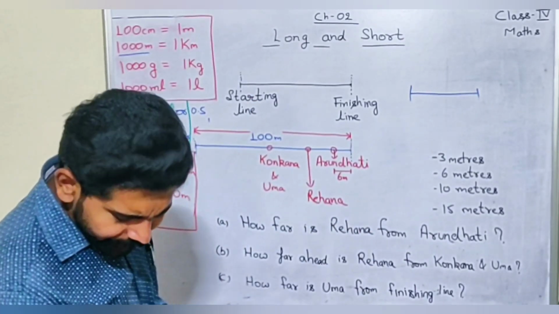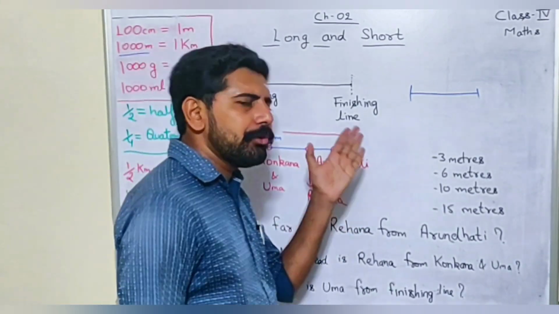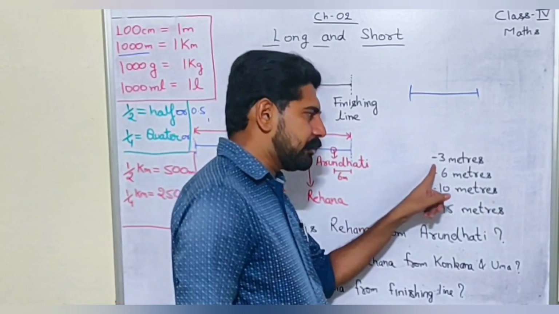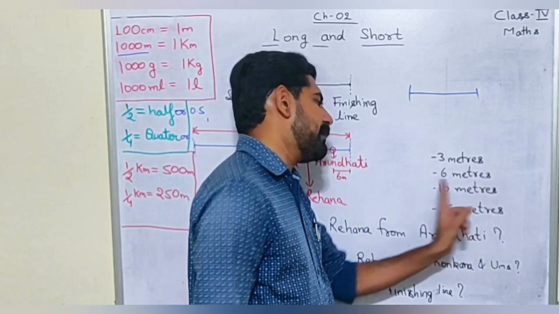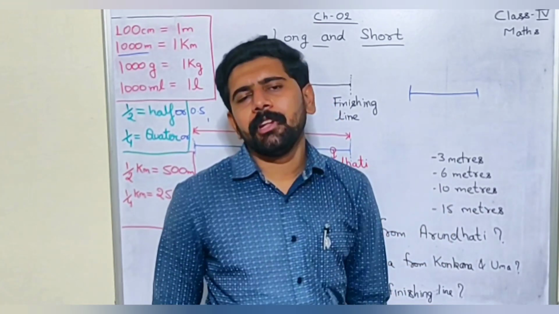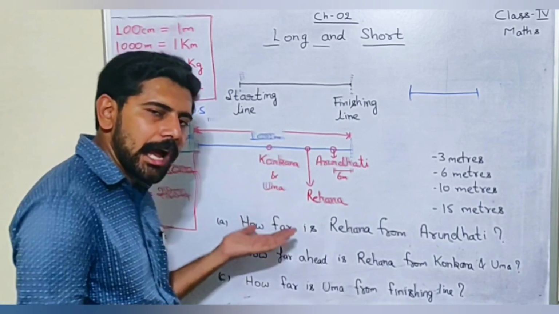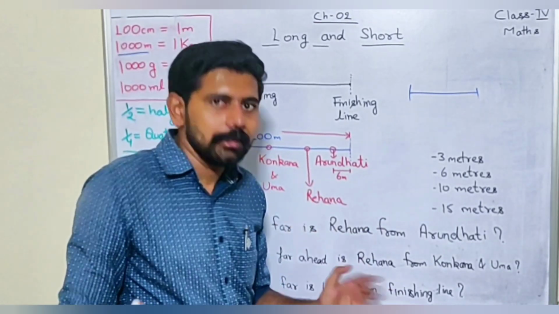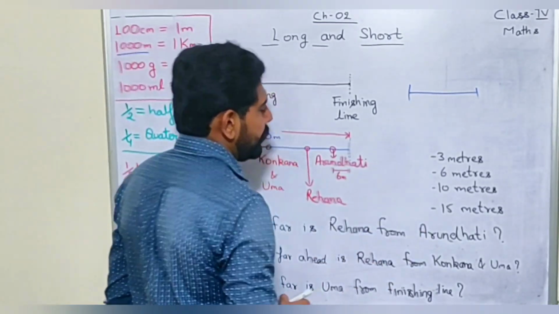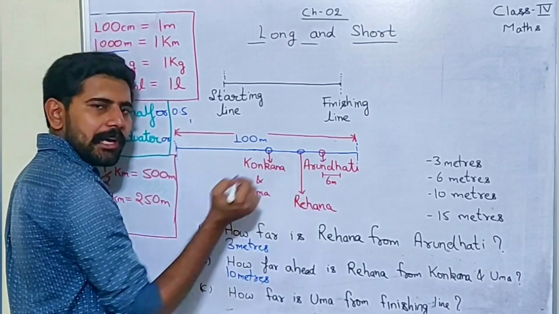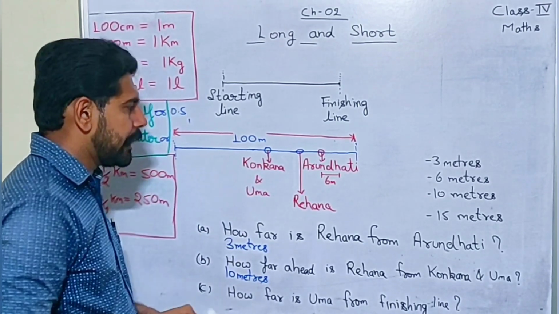But we have been given some other questions and we have been asked to tell the distance from these options only. The options are 3 meters, 6 meters, 10 meters and 15 meters. How will we see? First we have to read the question carefully. Let's read. How far is Rehana from Arundhati? Okay. Here is Arundhati. Here is Rehana. Let's see.